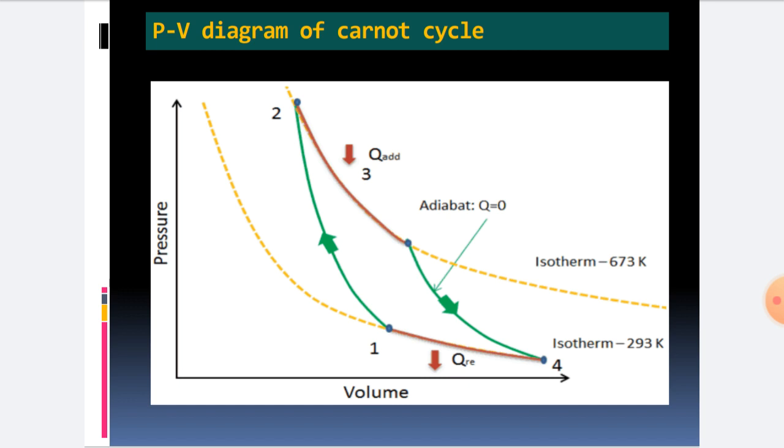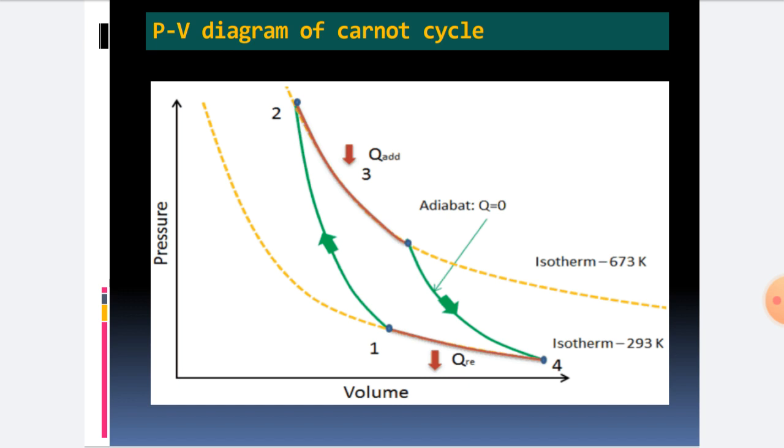During this adiabatic process of expansion, the work done by the gas will be at the expense of its internal energy, and so the temperature of the gas decreases to T1. In this step, Q is equal to 0, so the change in internal energy will be equal to work done by the gas.